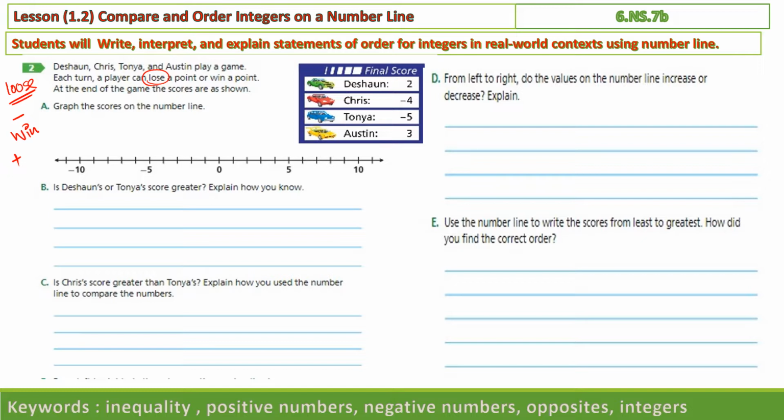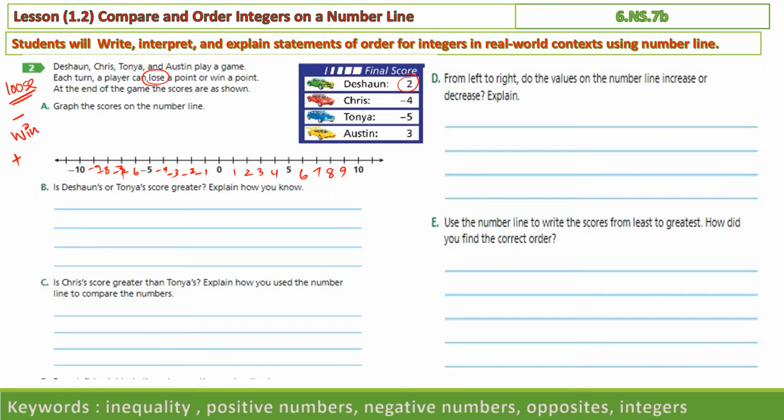So, Deshaun scored 2. What does it mean? That he wins, and that's why he gets the 2 score. Now first of all we label on the right side the positive numbers and on the left side the negative numbers: 0, 7, negative 8, negative 9.